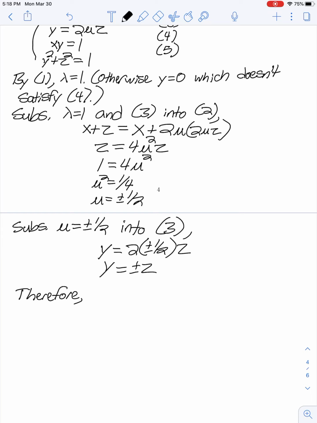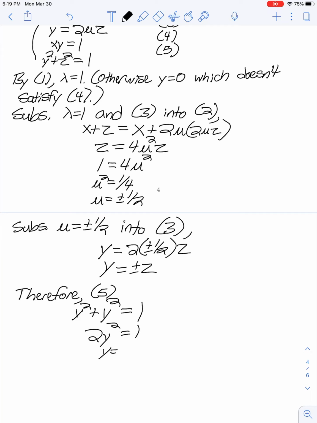Now, looking at our fifth equation, let's see what equation 5 tells us. Here, our fifth equation becomes y squared plus z squared equals 1. Now, if y is equal to plus or minus z, then z squared would be equal to y squared.